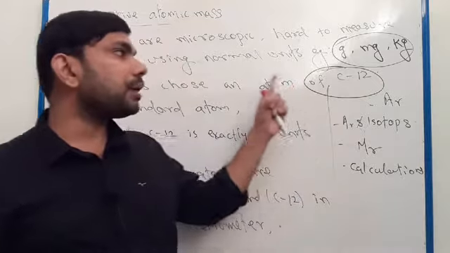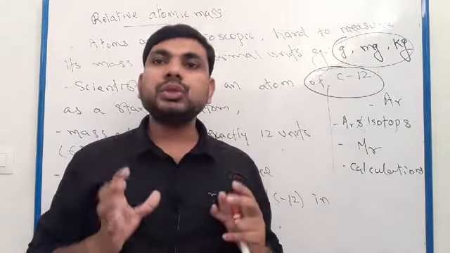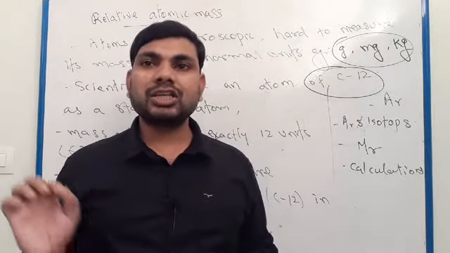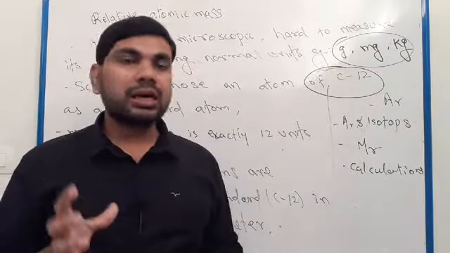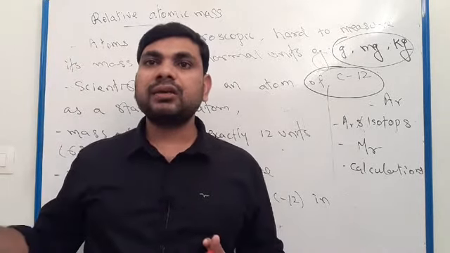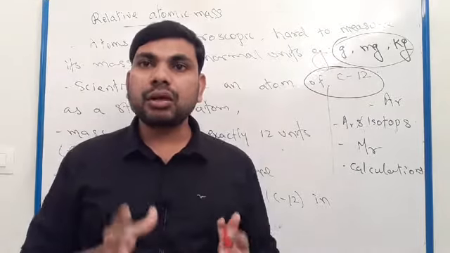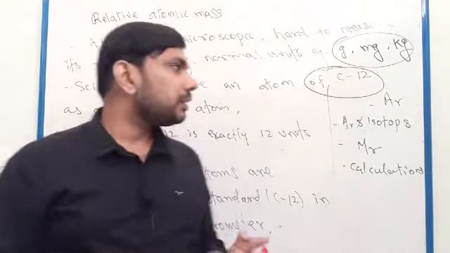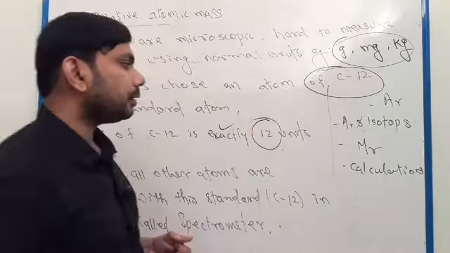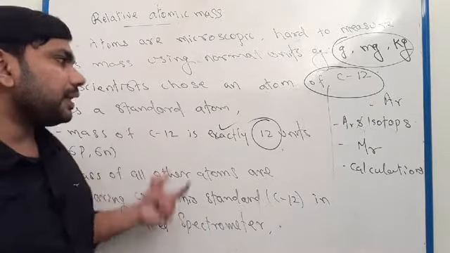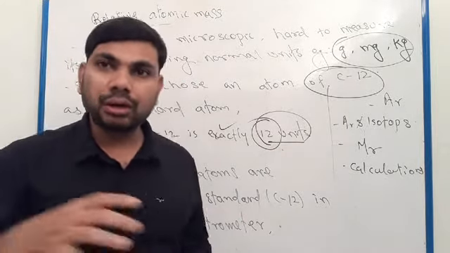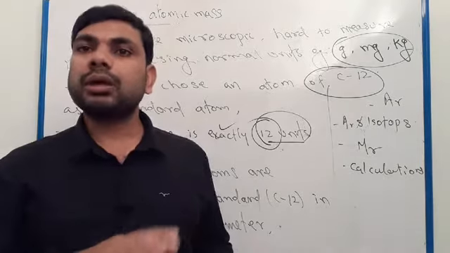So carbon-12 is used as a standard unit. Why is carbon-12 chosen as the standard atom to measure the mass of different atoms? Because the mass of carbon-12 is exactly 12 unit. We say 12 unit, not 12 gram, not 12 milligram, not 12 kilogram.